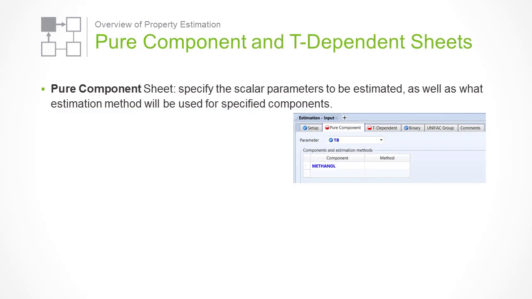The pure component sheet is used to specify the scalar parameters to be estimated, as well as what estimation method will be used for specified components. The parameters that Aspen Properties supports are available from the Parameter drop-down menu. Ensure that all information is provided for selected methods, otherwise, no result will be calculated.